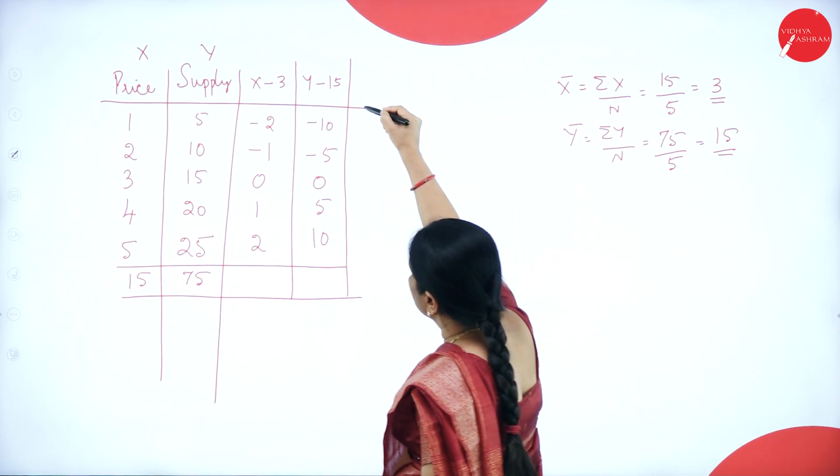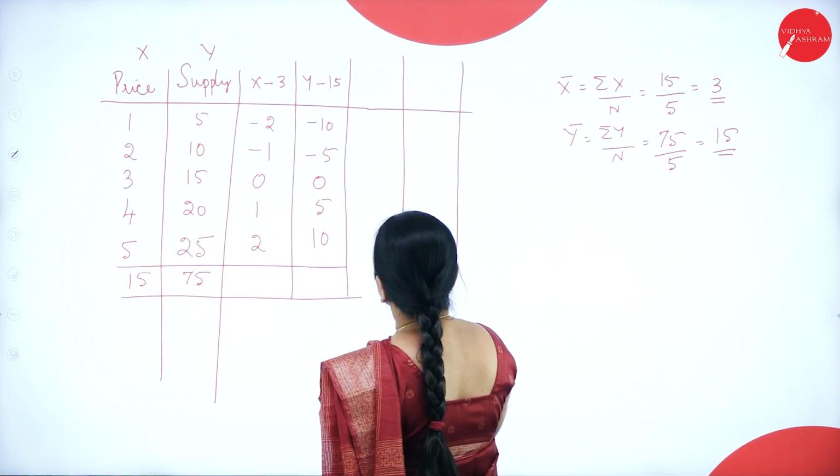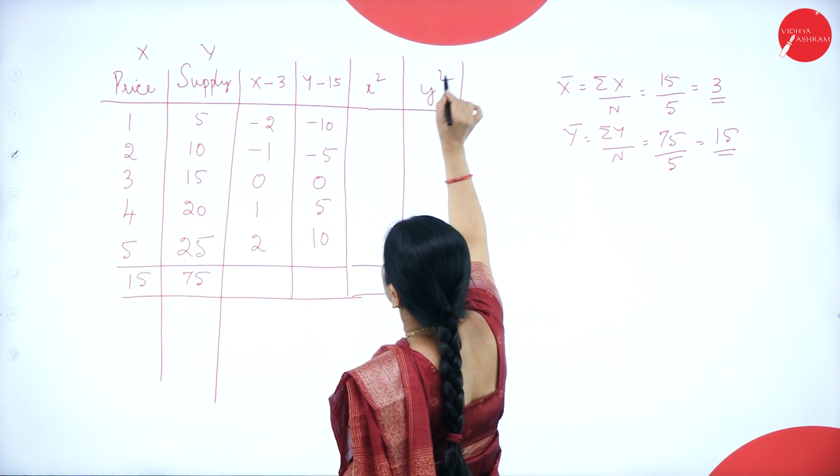Now next will be the square of this, x square and y square.